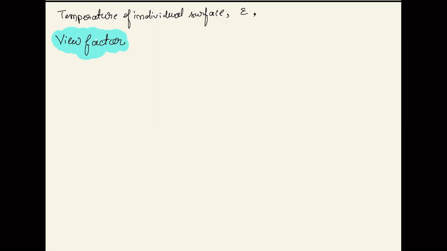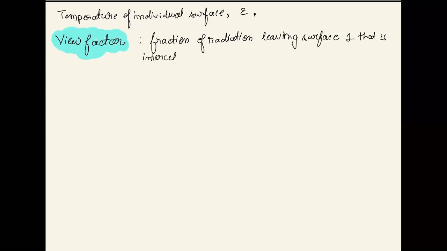This view factor is particularly defined as the fraction of radiation leaving surface 1 that is intercepted by surface 2 or 3 or whichever it is. Alright, now let me give an example of it.